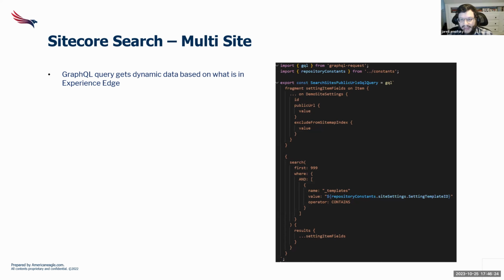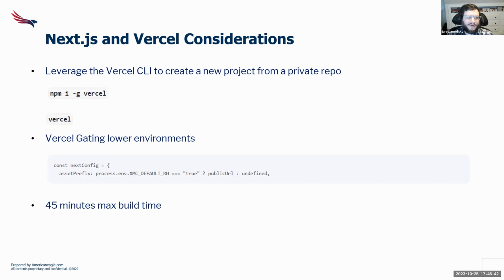Some other things I want to talk about are Next.js and Vercel considerations. I talked about this already, but we leveraged the Vercel CLI to create a new project from a private repo. Out of the box, at least at the time, there was no way to say, hey, let me take this private repo and hook it up.